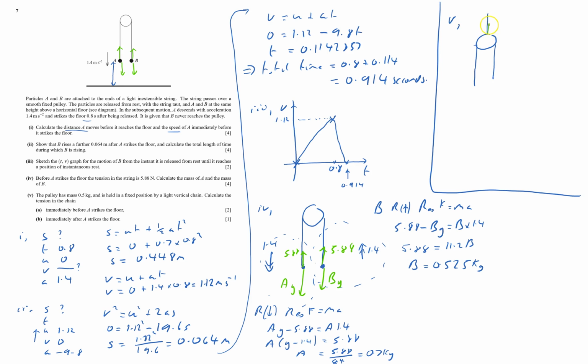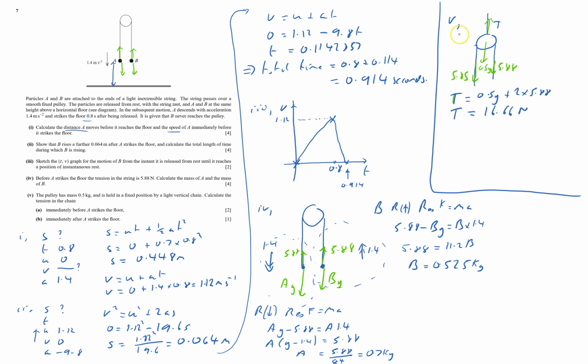This has got a mass of 0.5, so that'll be 0.5 G. Before it strikes the floor, we worked out that it's got 5.88 going up there, so it's also 5.88 going down on both sides, and so therefore the tension will equal the 0.5 G, that's tension going up there, plus 2 times 5.88, so that will equal 16.66 newtons is what the tension is for the first part.